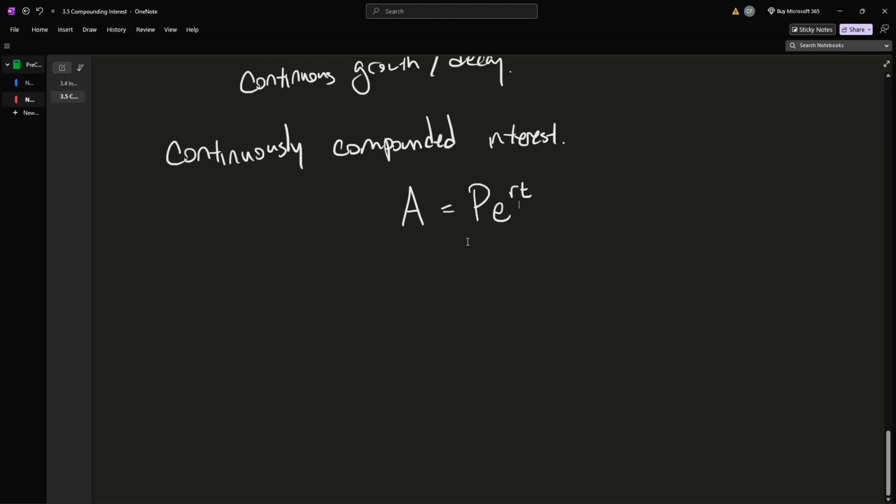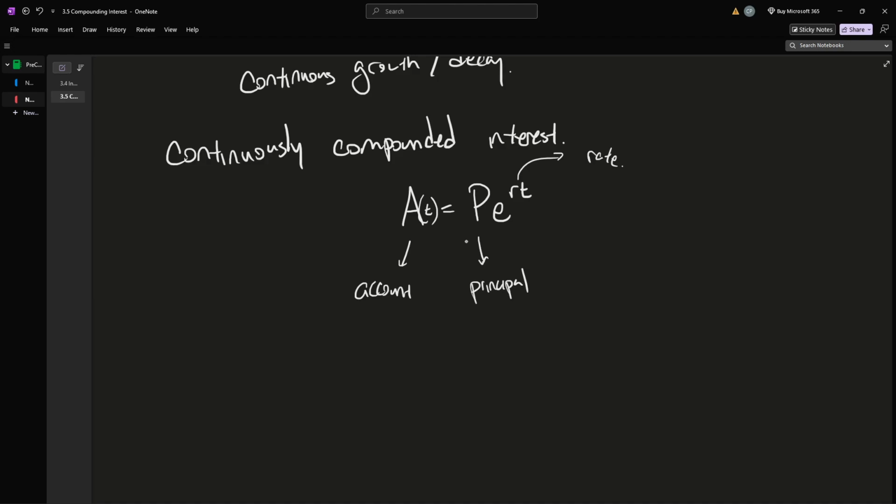A of T equals P E to RT. Where A is the account total still. P is my principal, my initial. E is my constant, and R is my rate. And there's no n now because it's applying continuously.